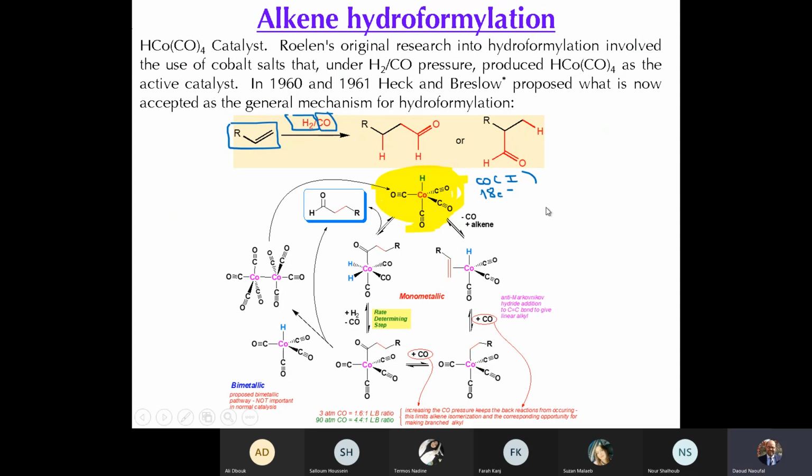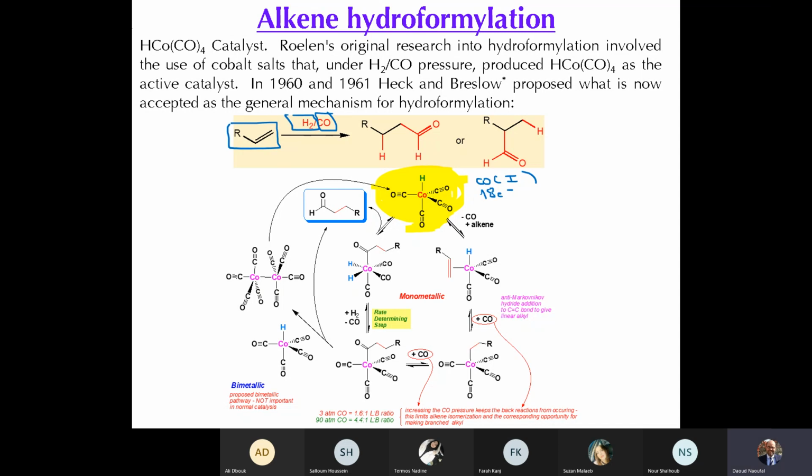The hydrogen is added by oxidative addition. The alkene can be added by ligand addition. The carbonyl can be added by ligand addition. But the first step is not the oxidative addition, since this is an 18-electron complex.